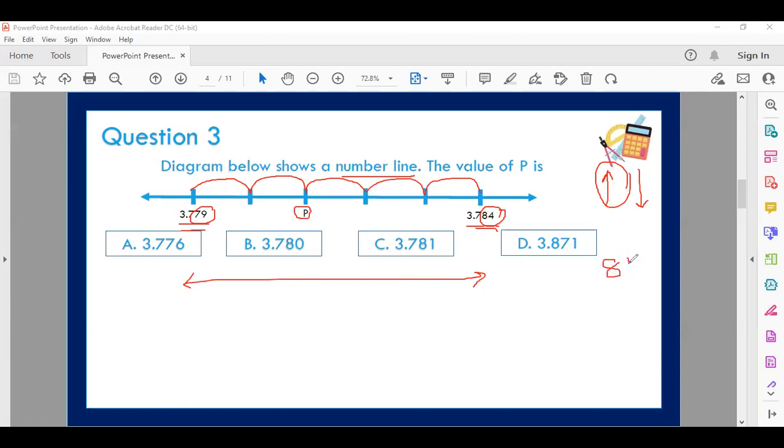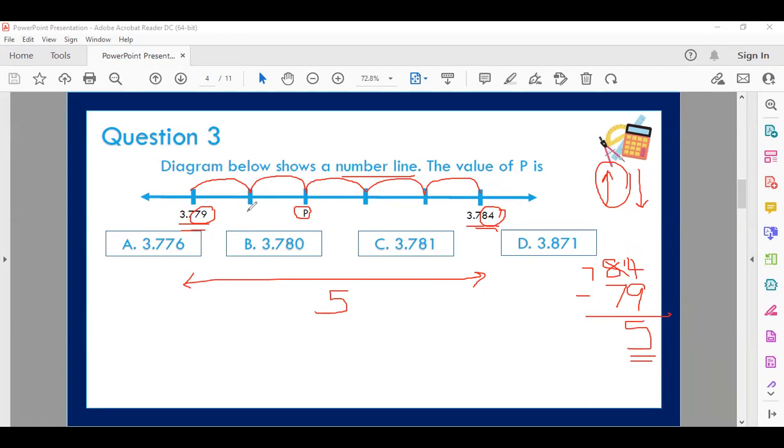So from 79 to 84, what's the difference? All you need to do is take 84 minus 79. You are going to get 14 minus 9. How much is that? 5. That's very easy. So you have 5 jumps and the difference is 5. So every jump must be just 1.